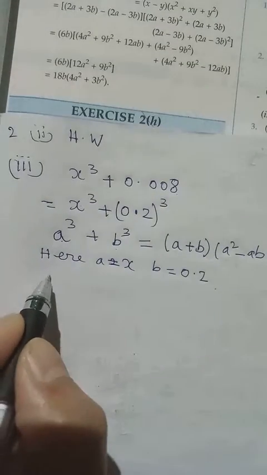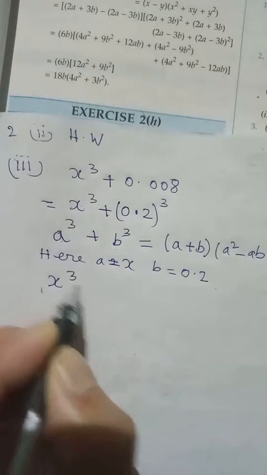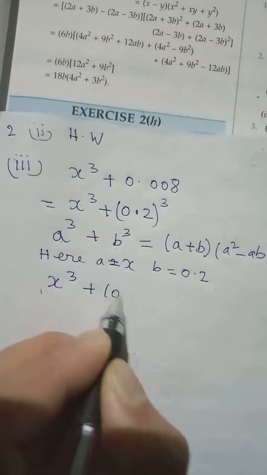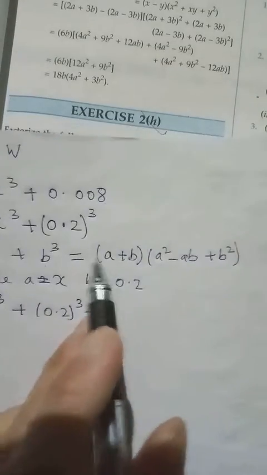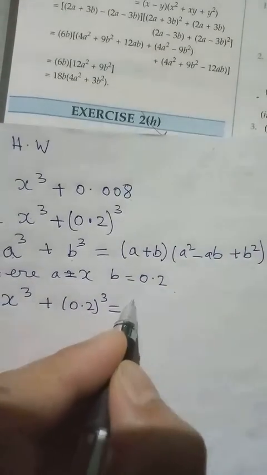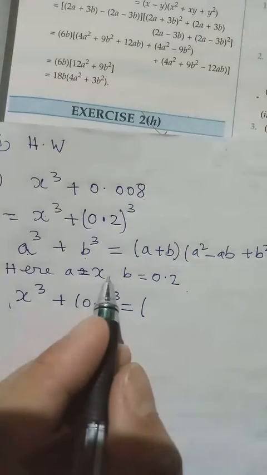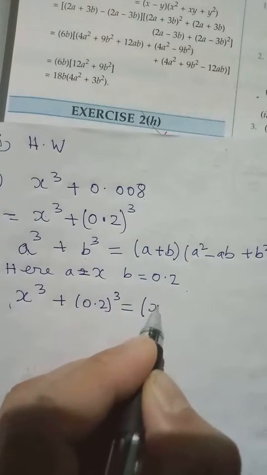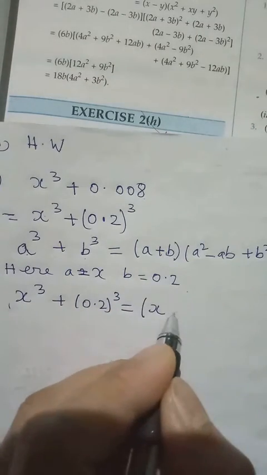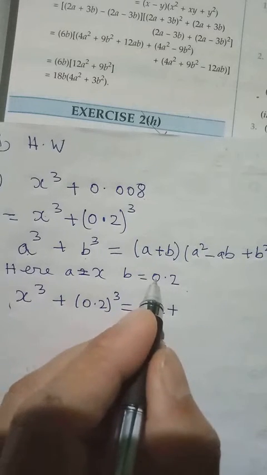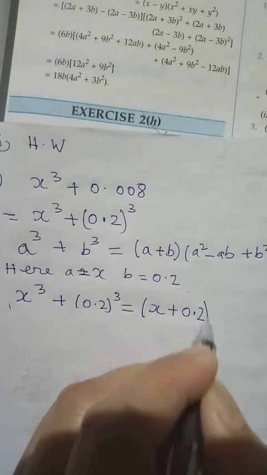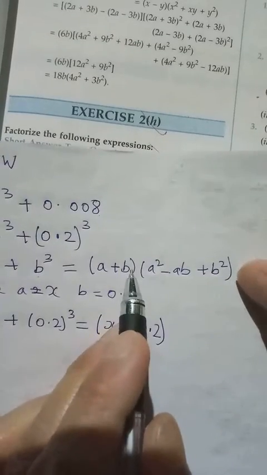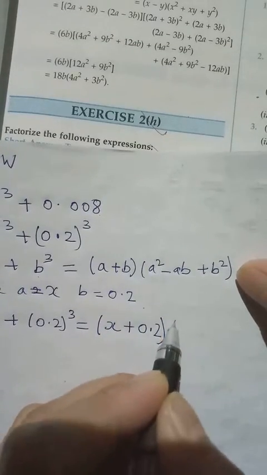So now the formula, remember, factorize, so we have to use the third form. The answer will come in this form. In place of a, remember, we have to write x, then we have plus sign. In place of b, we can write 0.2. Then close the bracket from the formula, and then we open another bracket.